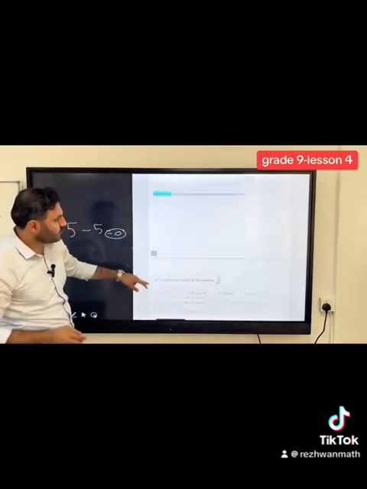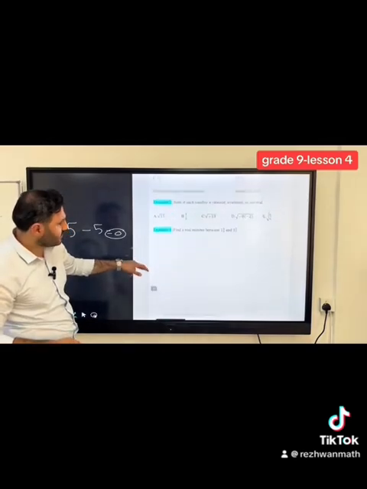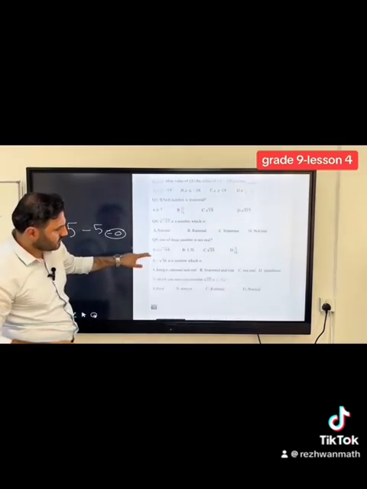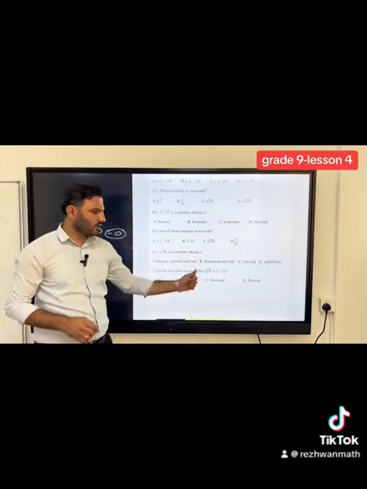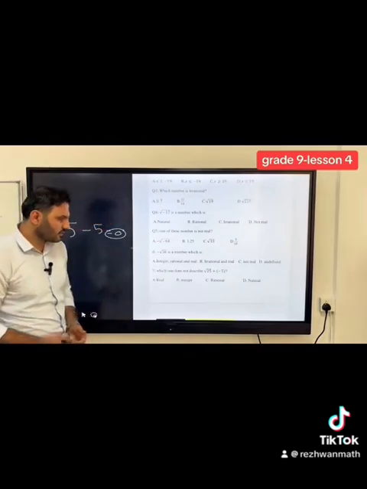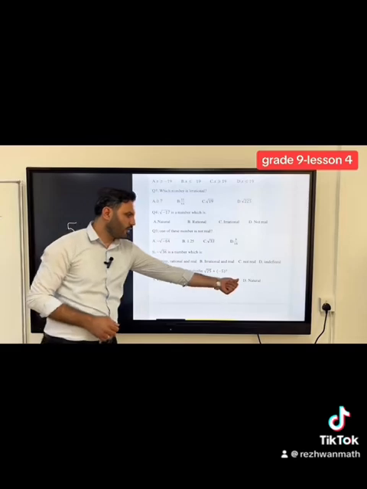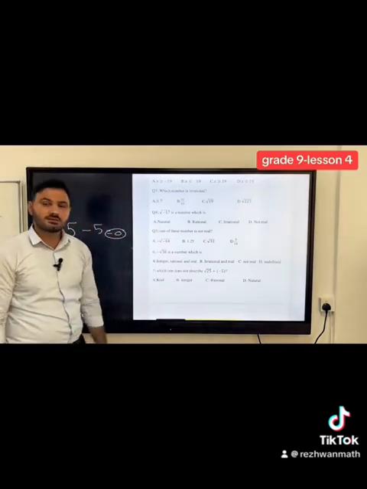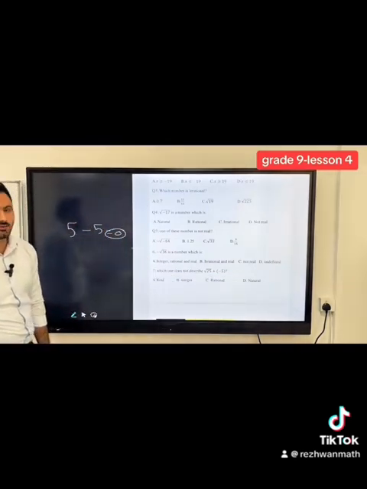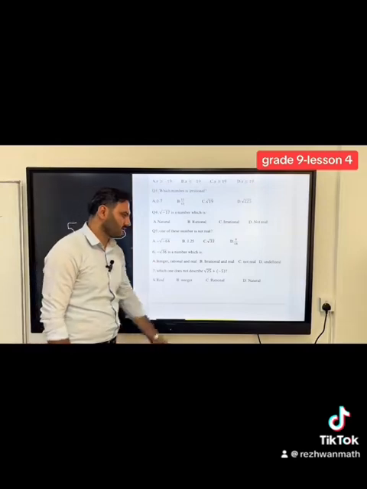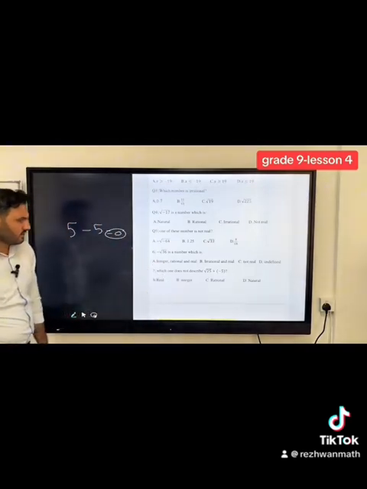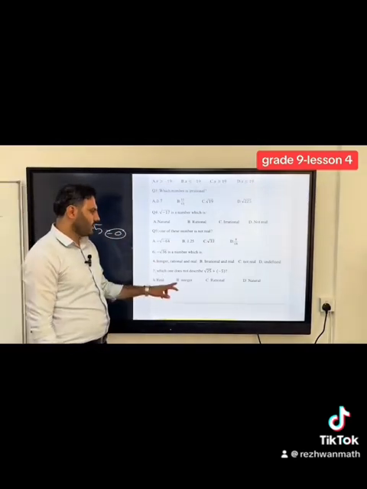So the question asks which name does not describe square root 25 plus minus 5. If you look at D, it says natural number, so D is the right answer.